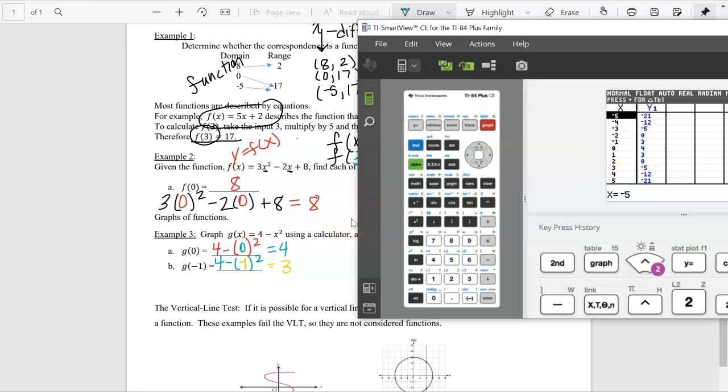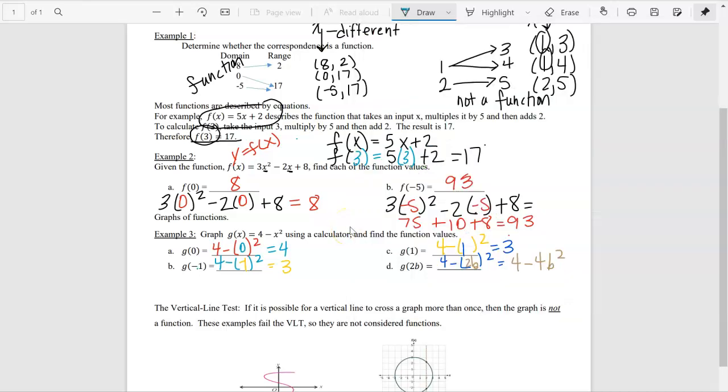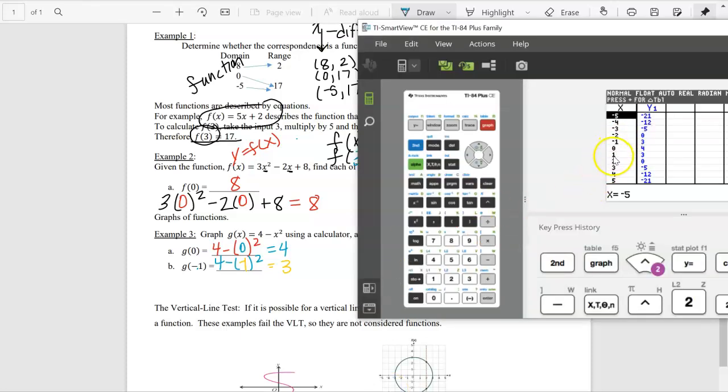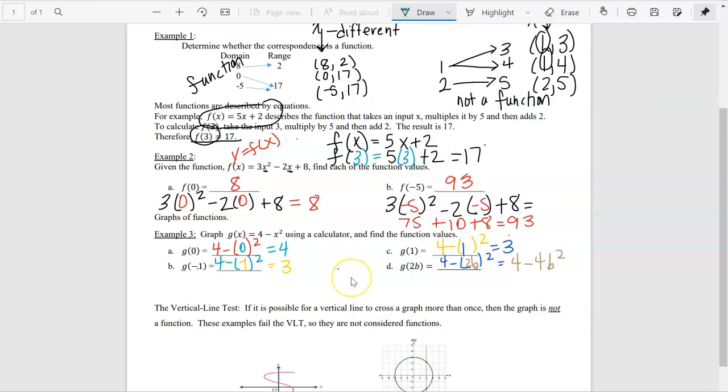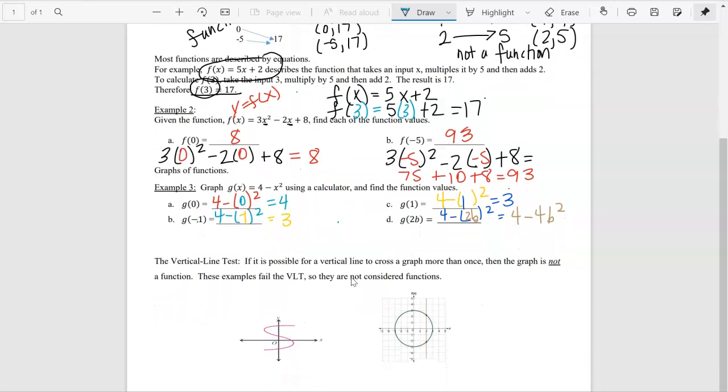So on this one, when we plug in a negative 1, we're supposed to get 3, and we did. When we plug in a 1, we're supposed to also get 3. So let's make sure that one's correct. 1 is also 3, so that's good. Now, it won't check this one for you because we're plugging in variables. So when you plug in the letters, that's one you're not going to be able to do on the calculator.